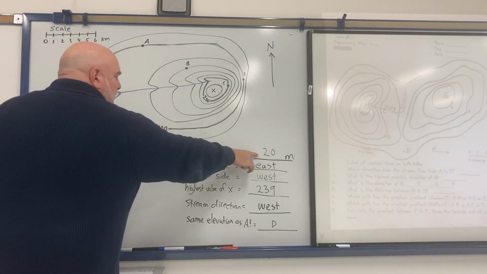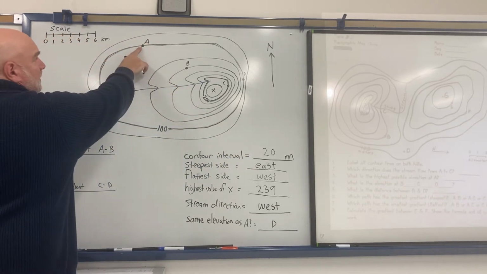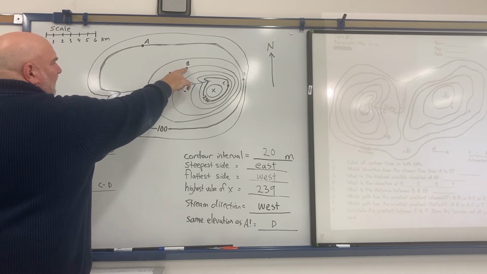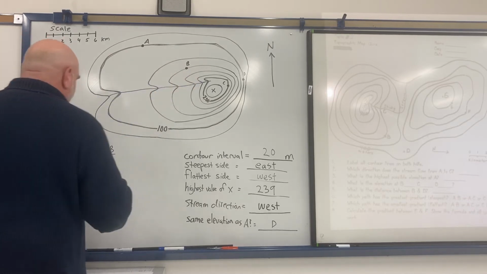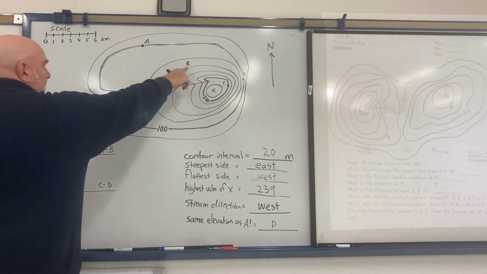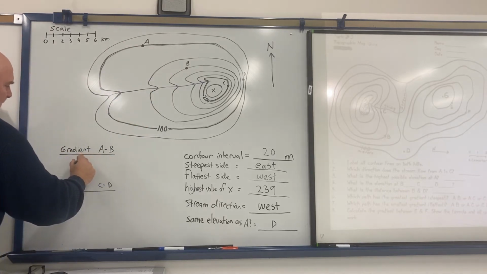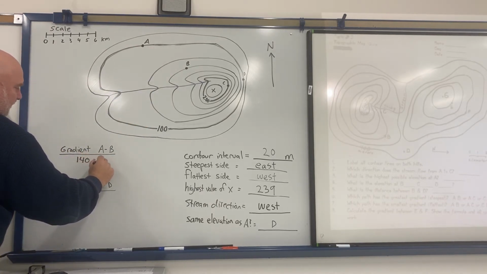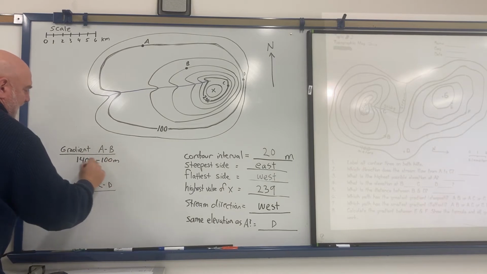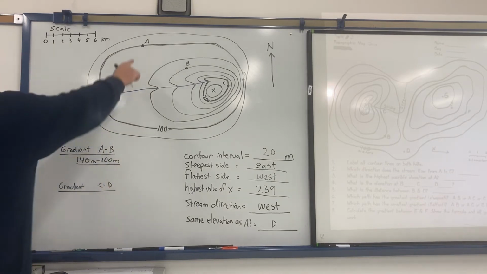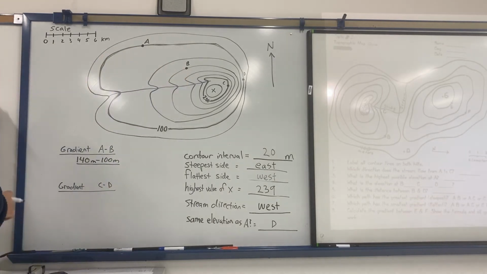We said the contour interval is 20, so that's 100, 120, 140. So B is on the 140 line. So to calculate the gradient between A and B, I'm going to do 140 minus 100 on top.